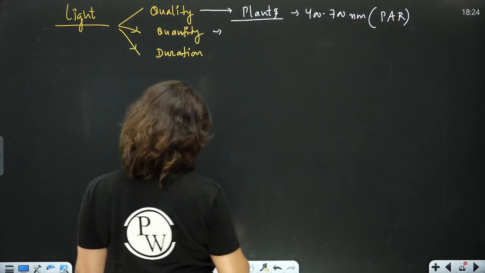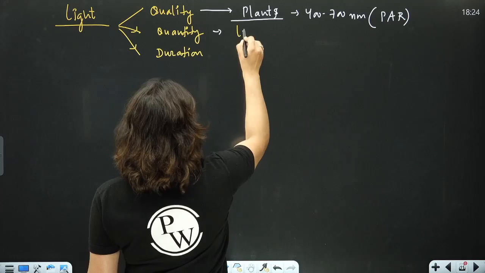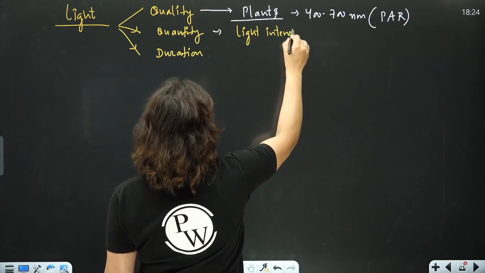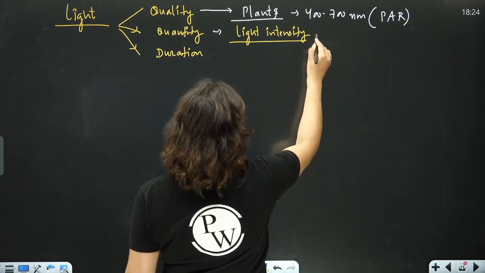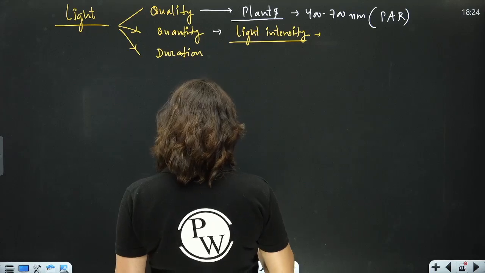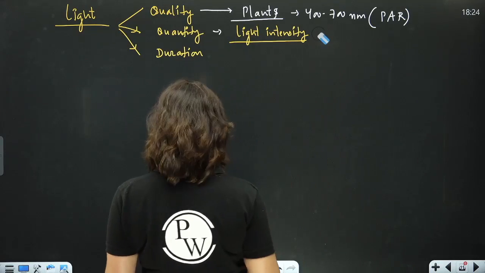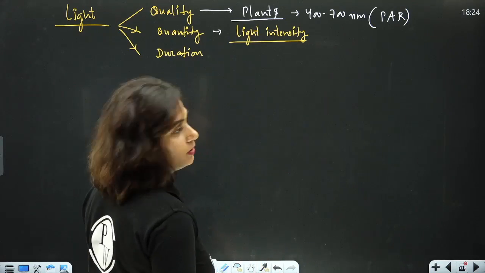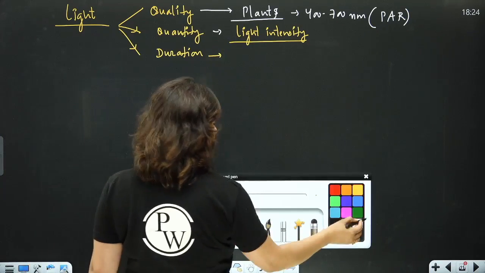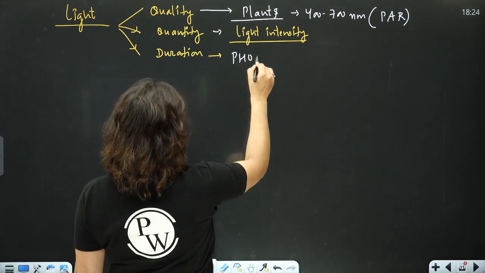Quantity means light intensity. How many energy packets or quanta will be incident per unit area is the light intensity. Neither the very high light intensity nor the very low light intensity should be there. Optimum light intensity increases the productivity, and duration means the photoperiod.